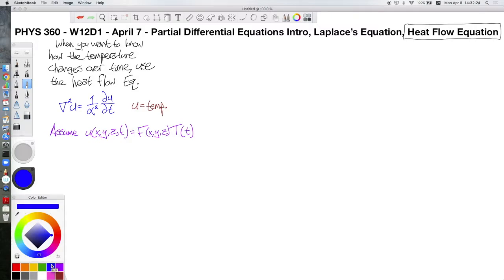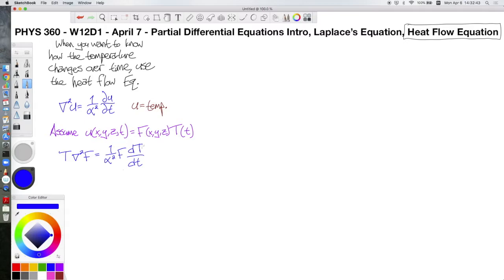So plugging this in to the heat flow equation, we get capital T times the Laplacian of capital F equals 1 over alpha squared of capital F times the regular derivative of T with respect to t.